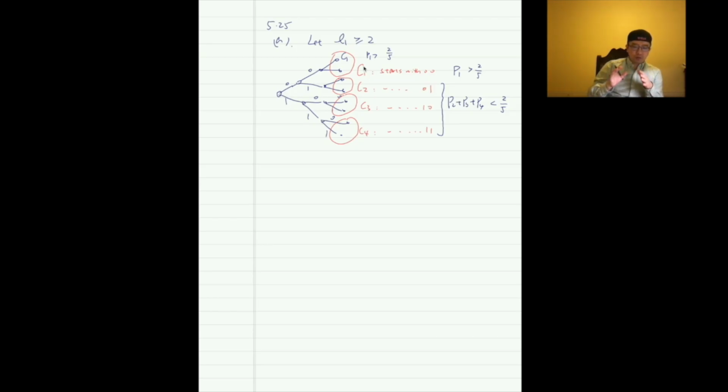If 3 of them sum to less than that, there must exist 2 of them less than 2/5, right? Therefore, without loss of generality, we assume that P3 plus P4 is less than 2/5.